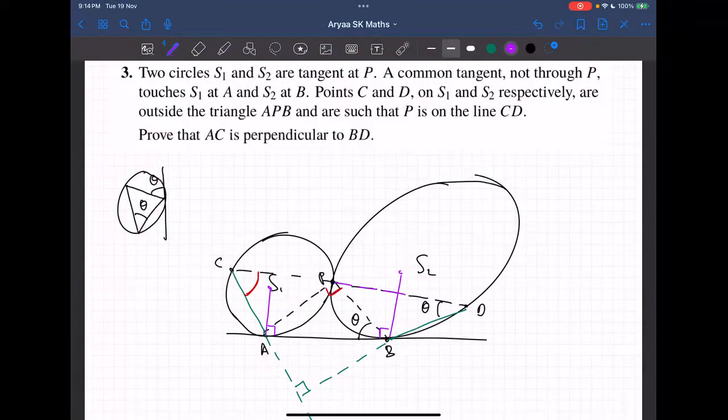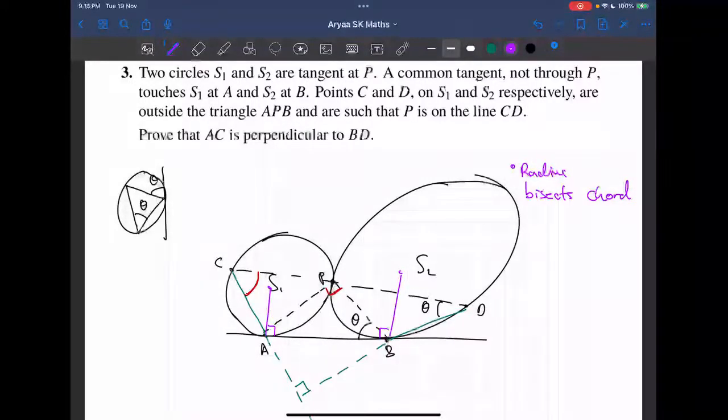PD is a chord, and we'll just write radius bisects. Hang on. Does the radius bisect a chord? I think this is a circle theorem, but it doesn't seem like it's true, because what if it was like that?